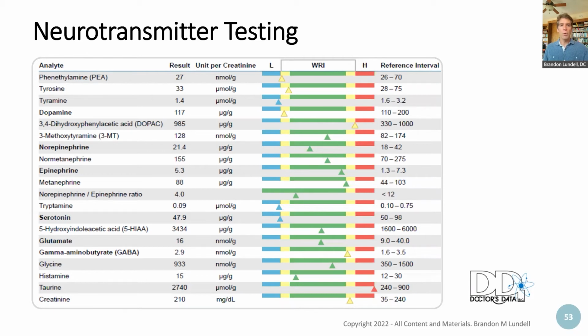Dopamine is really low as well. We look at the dopamine and the breakdown products of dopamine, and those are high. That indicates, again, high MAO activity, which is inflammation. Serotonin is really low. So of course he's not going to be thinking well.